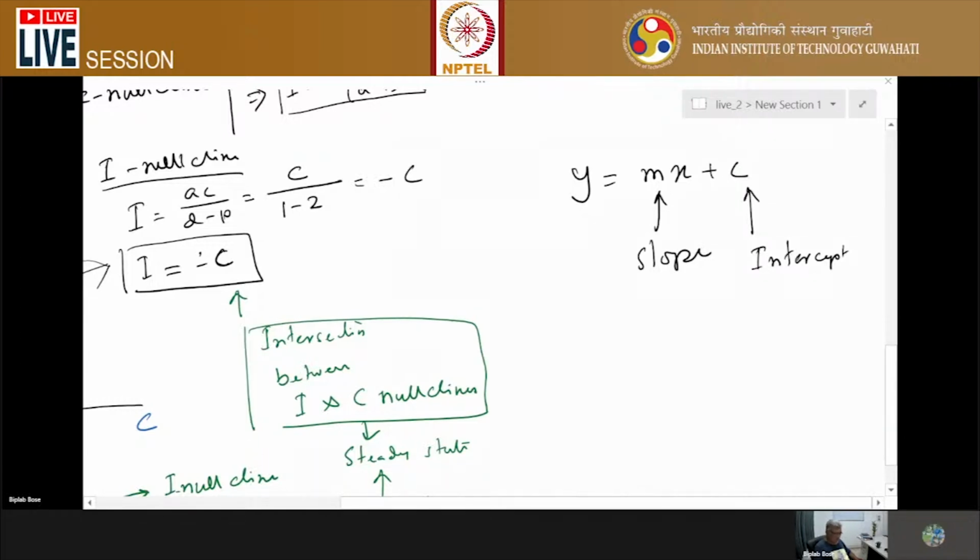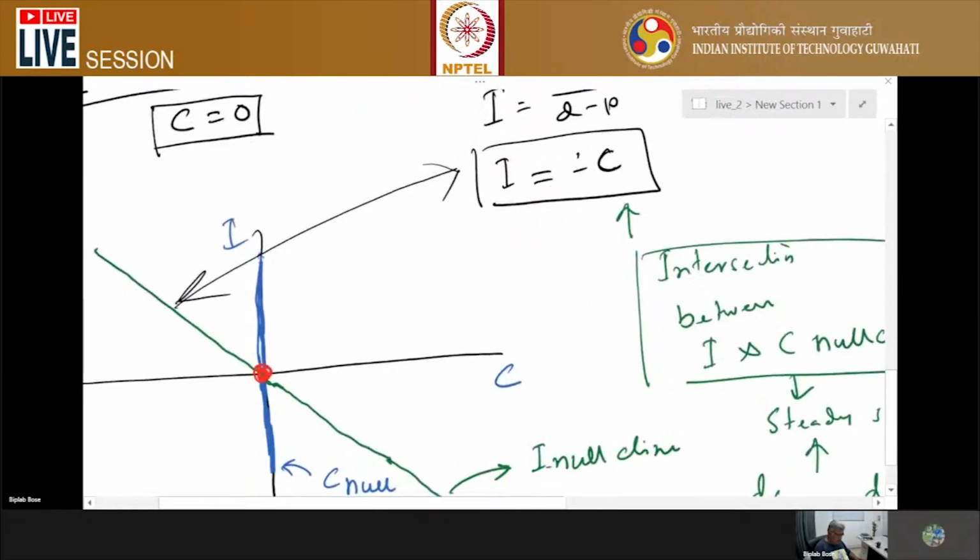Our equation is I equal to minus c. Don't confuse this c and this c. This is the intercept, and here, equivalently, if I map it, this is y equal to minus x. So that means this line should go through 0, 0, right?